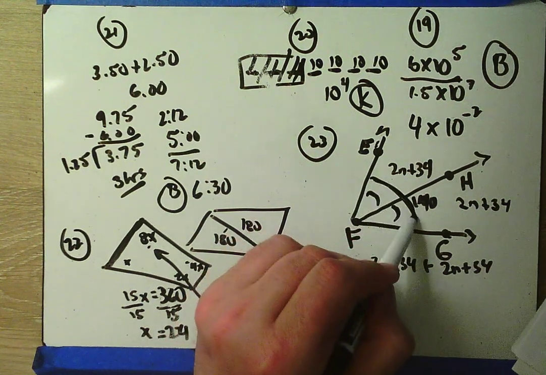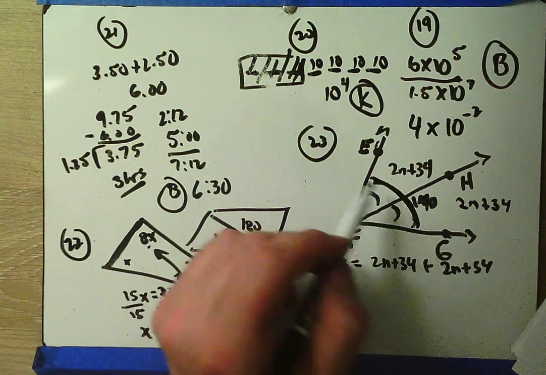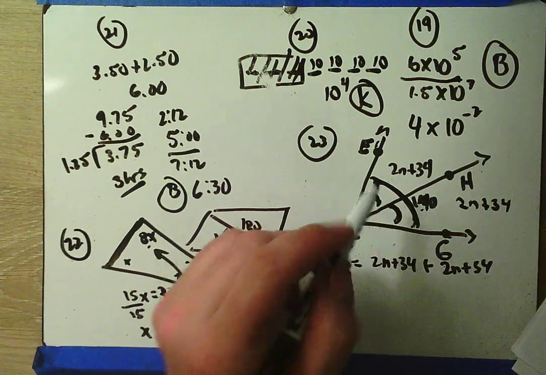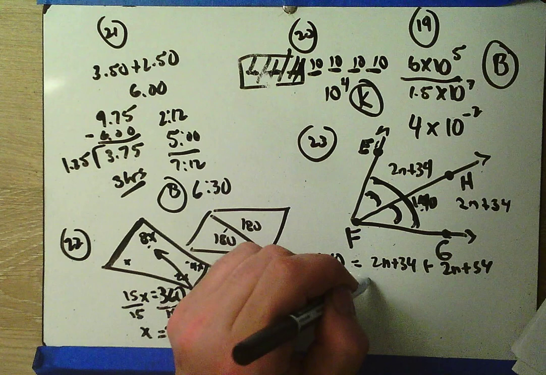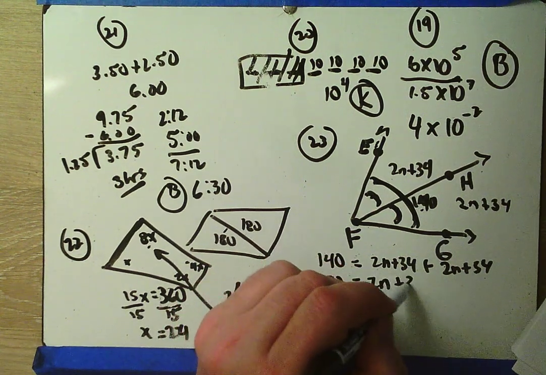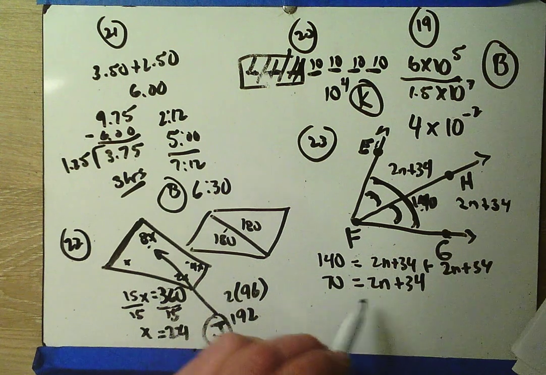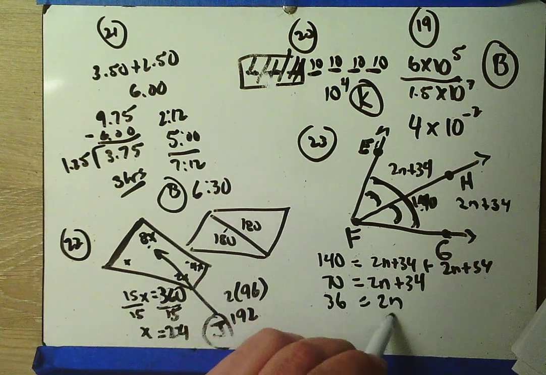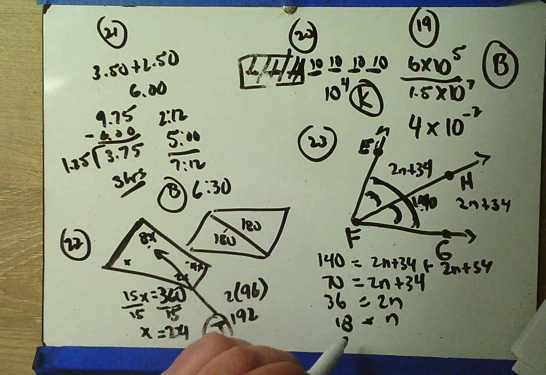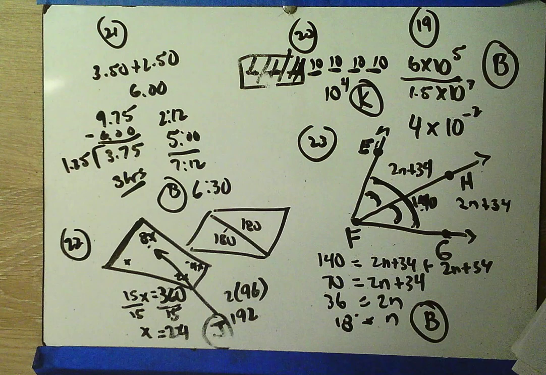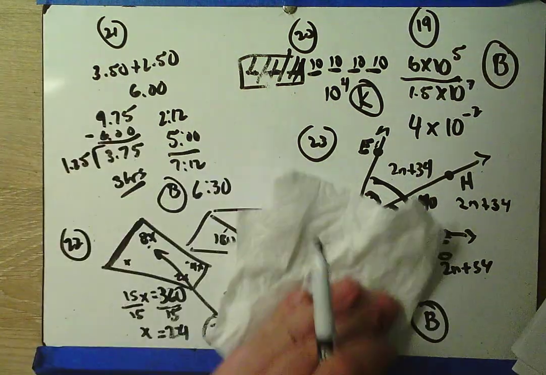Or we could say that if this whole thing is equal to 140, and these are half of that, then 70 equals that angle EFH, 2n plus 34. So I subtract 34 and I get 36 equals 2n, or n equals 18 degrees. And so our answer is B for number 23.